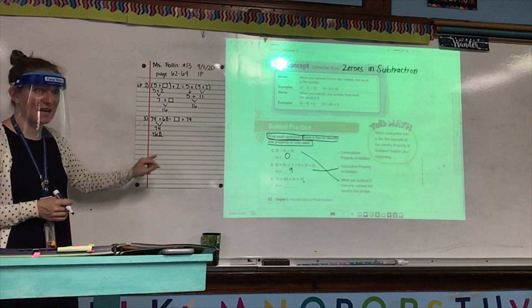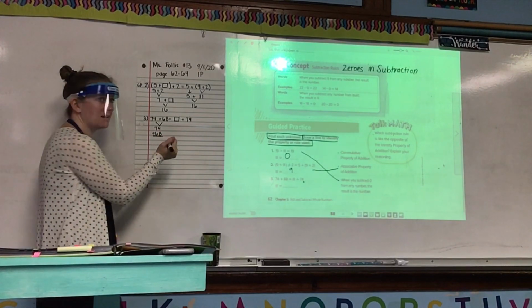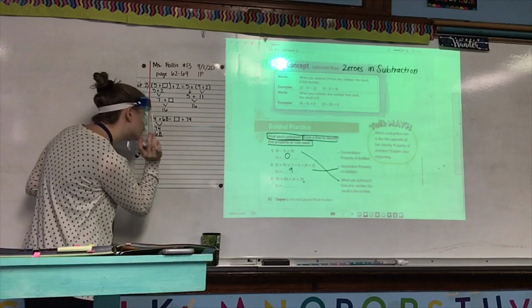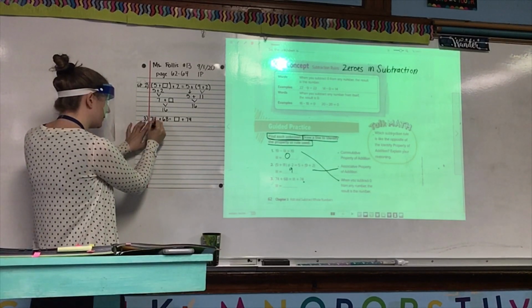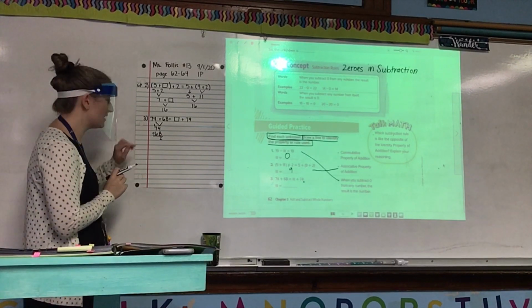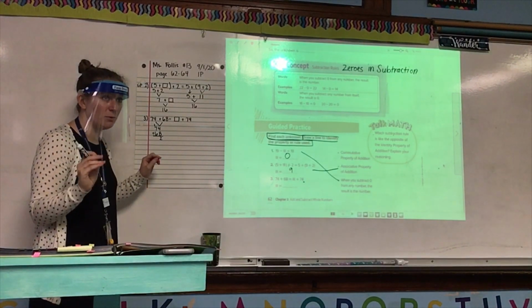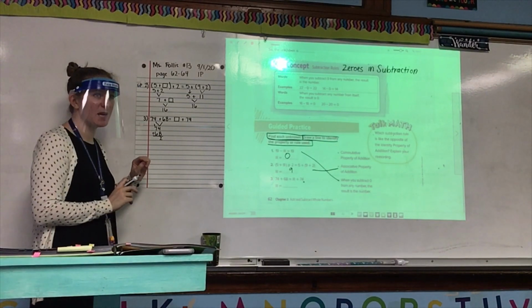Now we need to add. We start with the ones place. 8 plus 4, Michaela. Don't be afraid to use your fingers, class. 12. We can't put 12 in the ones place, so we have to regroup the 1 above the 10s. Now we're going to add the 10s. We're only going to add what we start with, and then we will add our regroup number. 7 plus 6, Michaela?